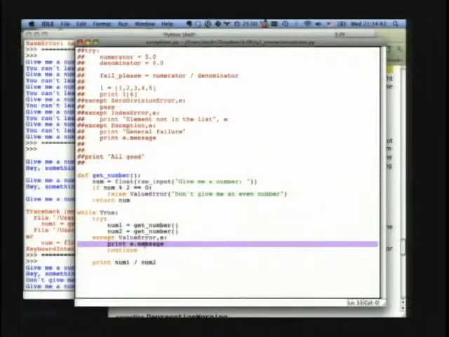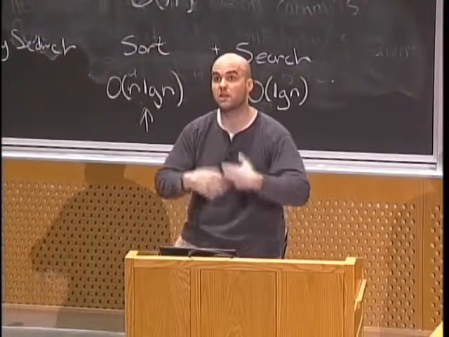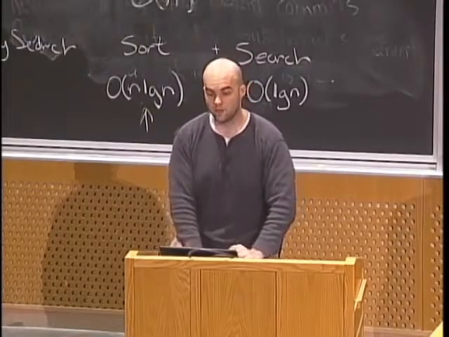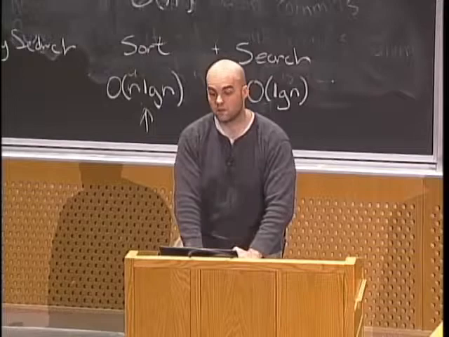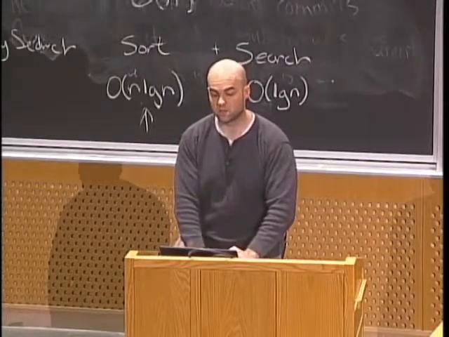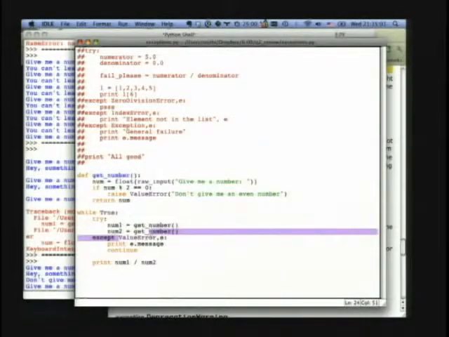This line is just going to print out this message that I passed in when I raised the exception, because what I'm actually doing is creating a value error object that has this message associated with it. And that's what gets passed up this exception chain until I finally handle it here, and E holds the reference to that value error object. So E is an actual value error object.